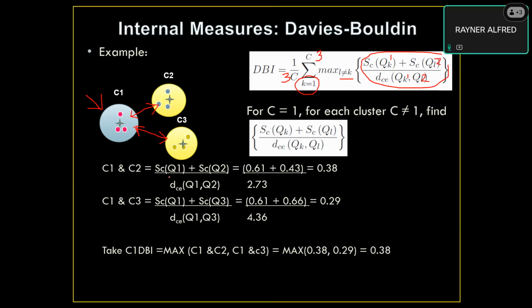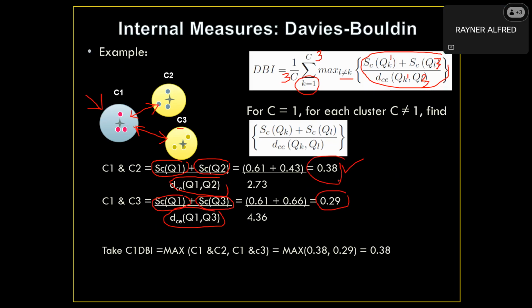For C1 and C2, we get the compactness of C1 and C2 and divide by the distance. We have all these calculated values already, so we just plug in and we get 0.38. Now we do again C1 to C3. We get the compactness of cluster 1 plus the compactness of cluster 3 divided by the distance between cluster 1 and 3. We get 0.29.